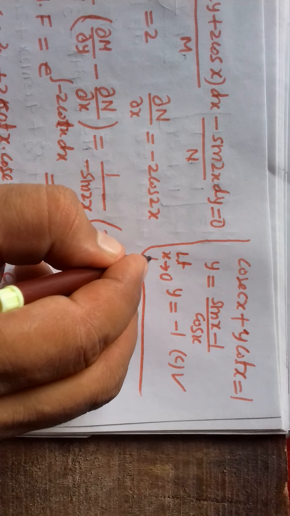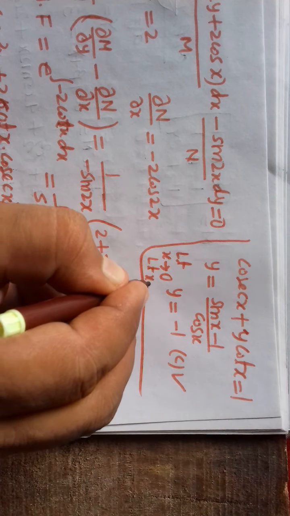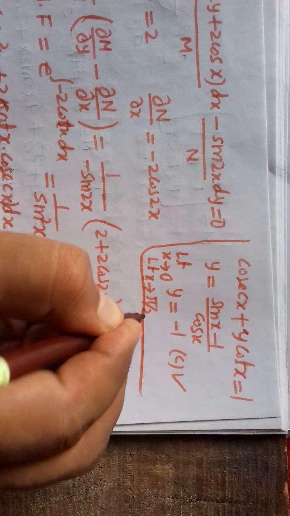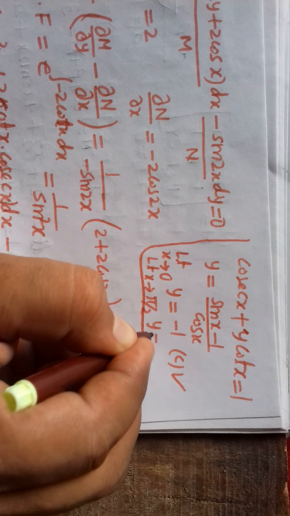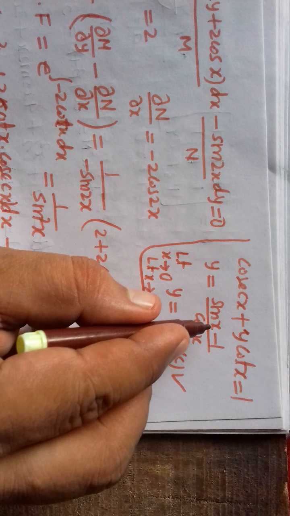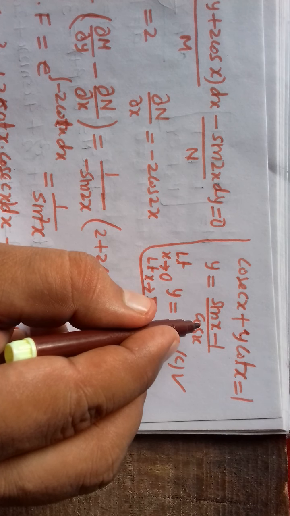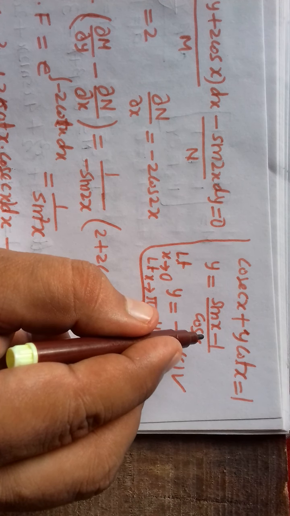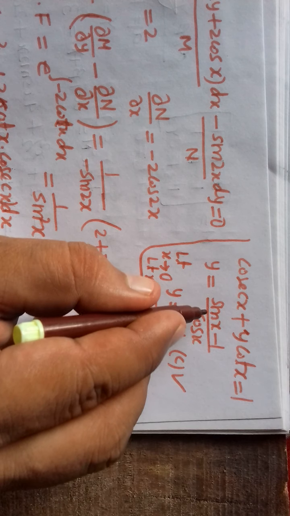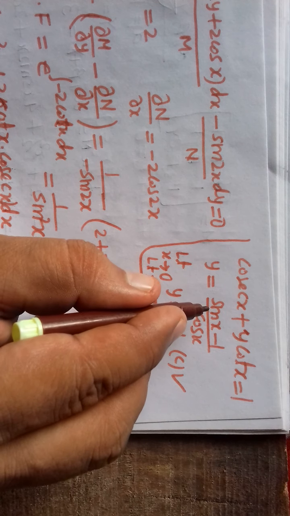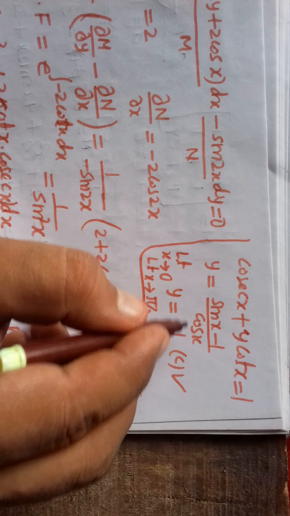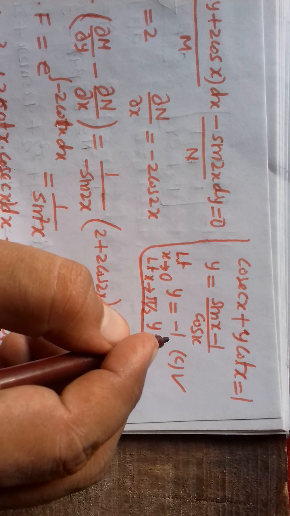And limit x tends to pi by 2, y becomes 0 by 0 form. So according to L'Hospital rule, we differentiate the numerator and the denominator. This gives us cos x by minus sin x.